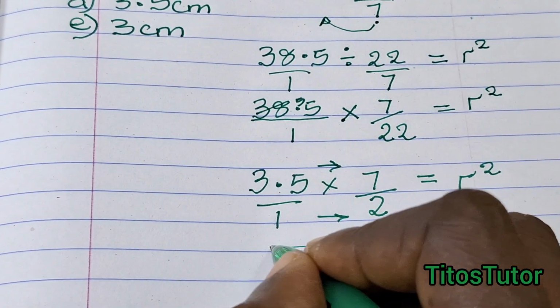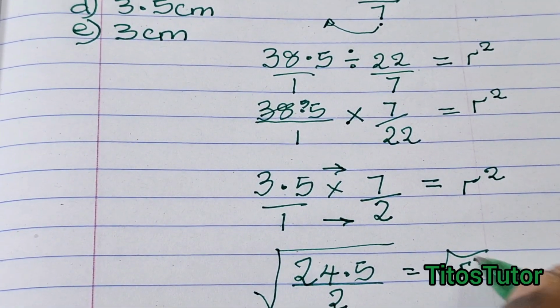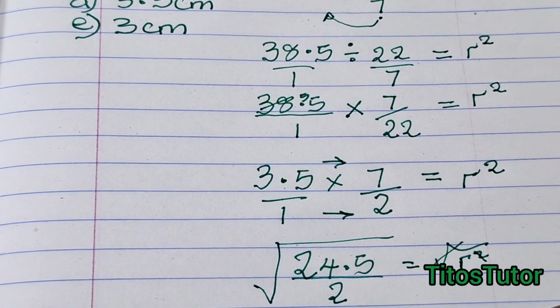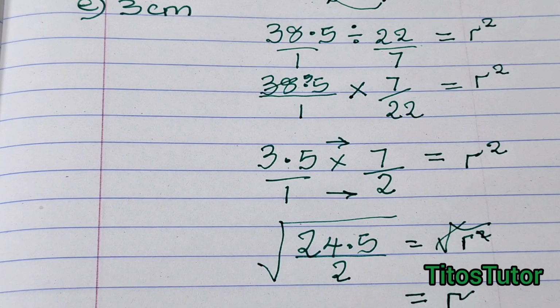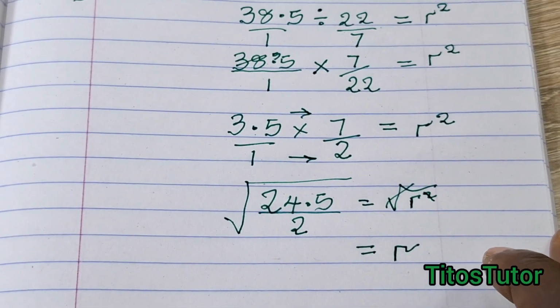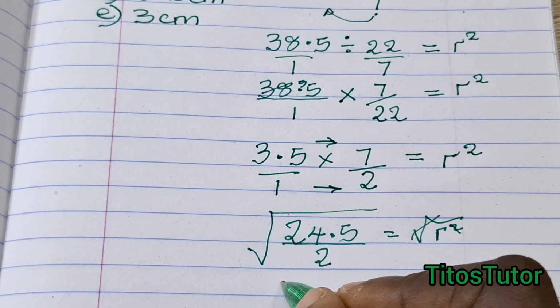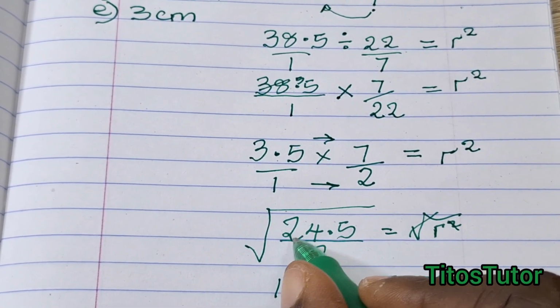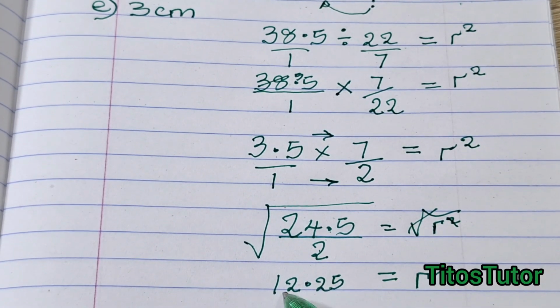But I'm going to square root both sides, so I can cross out my square and I have my r alone. So square root of r square is r. This is 12.25, which is 24.5 divided by 2 is 12.25.